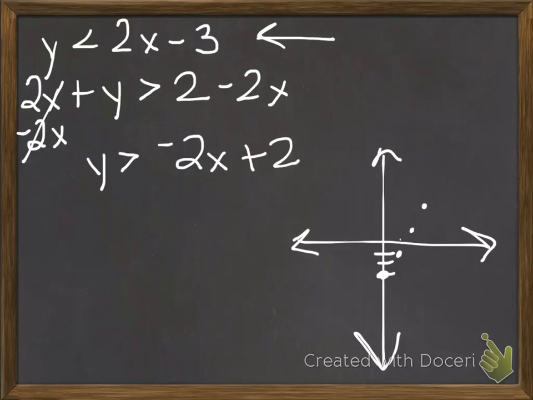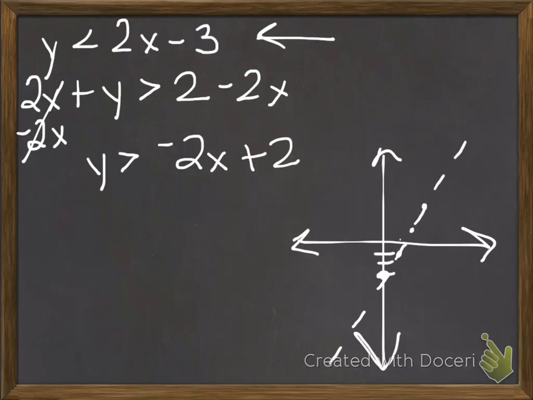Then before you draw your line, you have to think in your head, is this less than or greater than? Or is this less than or equal to or greater than or equal to? If it's less than or equal to or greater than or equal to, you're going to have a solid line. We just have less than, so our line's going to be dashed.